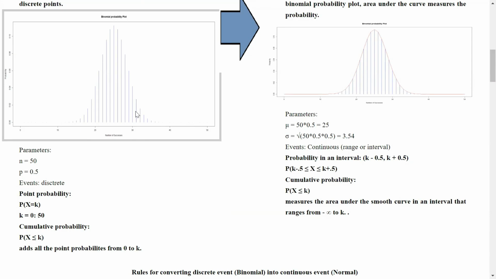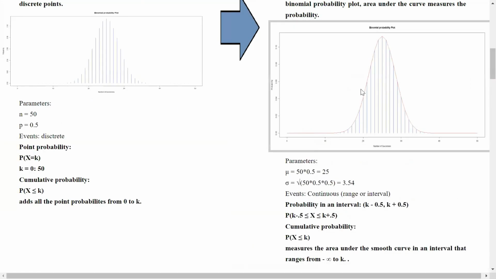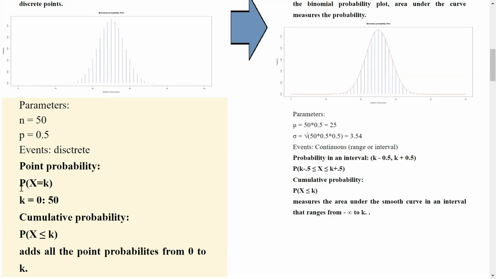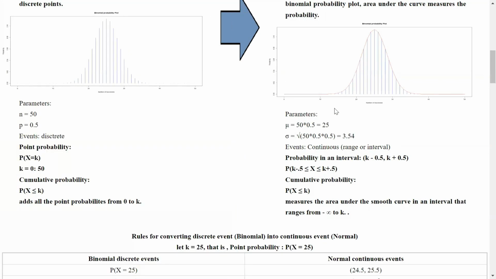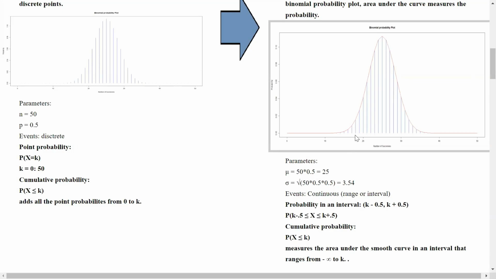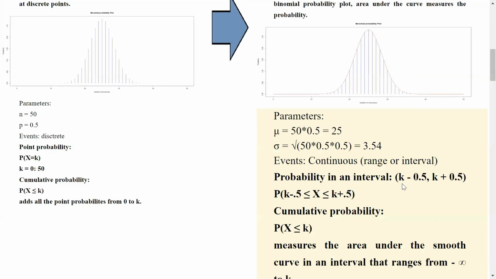The equivalence of these probabilities in normal distribution are the measure of the areas under the smooth curve within the respective intervals. For example, the binomial point probabilities P(X = k) are approximated by the measure of the area under the smooth curve within the interval k minus 0.5 to k plus 0.5.